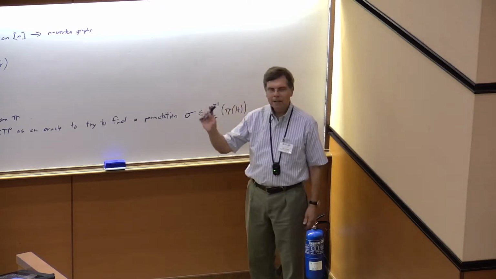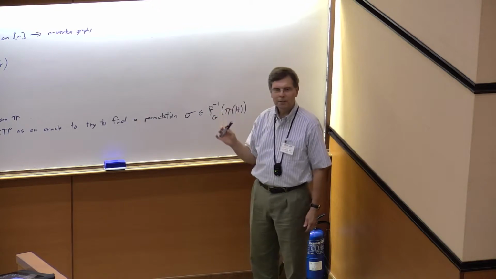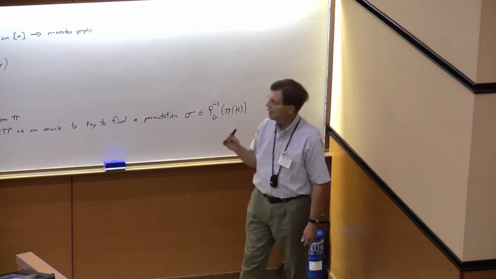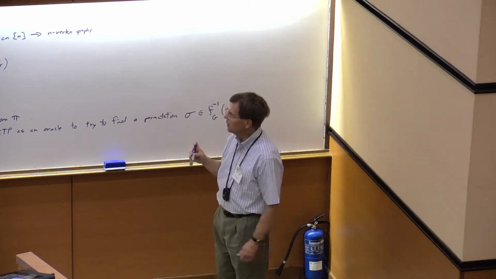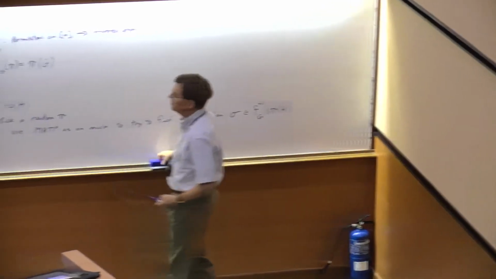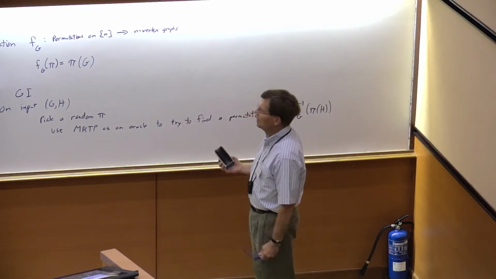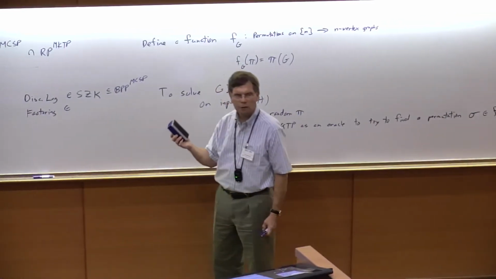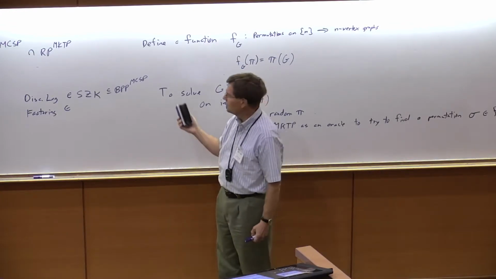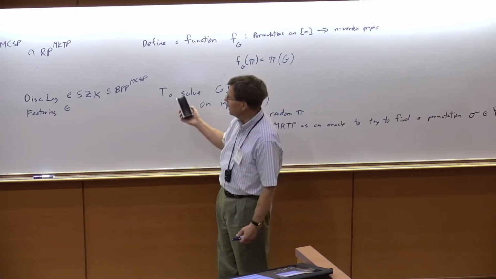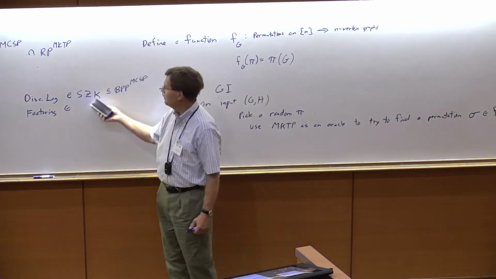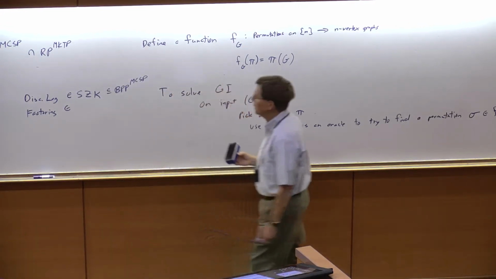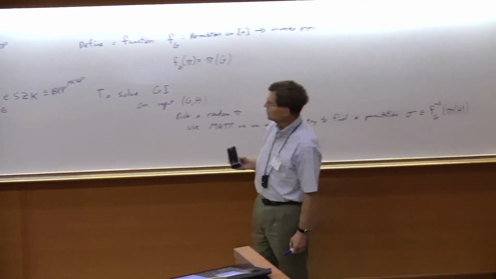Should I back up, or have I illustrated this point? Okay. So this is still about the best hardness result that we have for minimum circuit size, or MKTP. This is about the biggest complexity class that we know how to reduce to these problems.